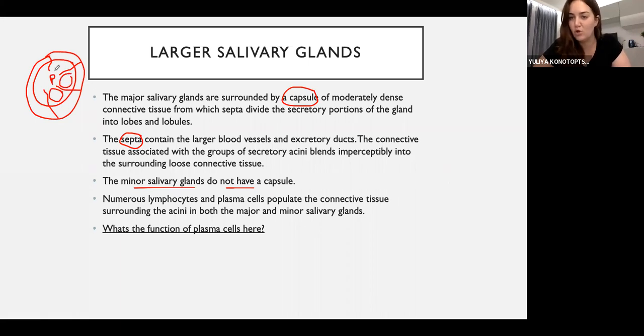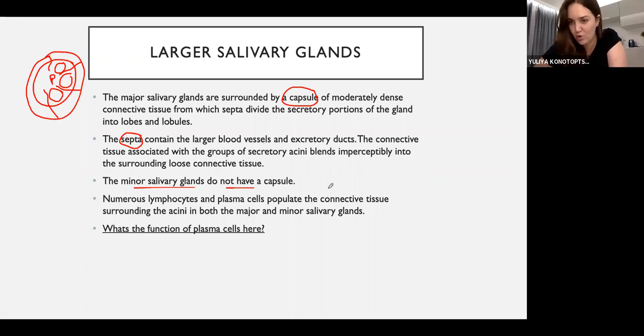So those are going to be the lobes or the lobules. So you need to remember, once your salivary gland is capsulated, that automatically means that it is also lobulated. If a gland has a capsule, it has to have little tiny lobules.